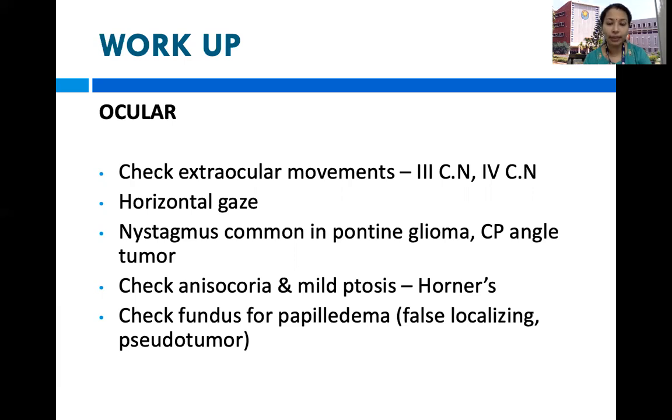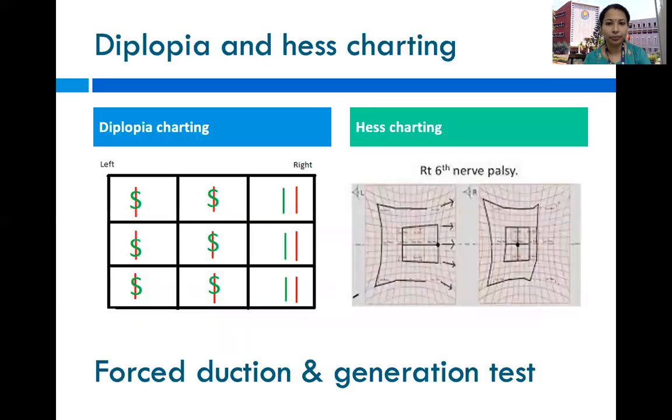Nystagmus is commonly seen in tumors like pontine glioma and CP angle tumor. Also look for anisocoria and mild ptosis, which could indicate a Horner syndrome, and check the fundus for papilledema, which will help in identifying a raised intracranial tension.